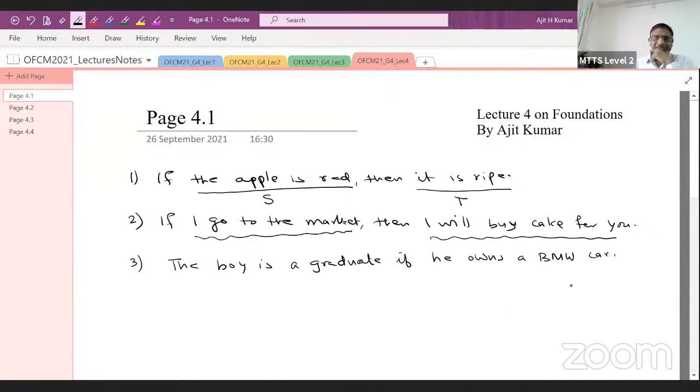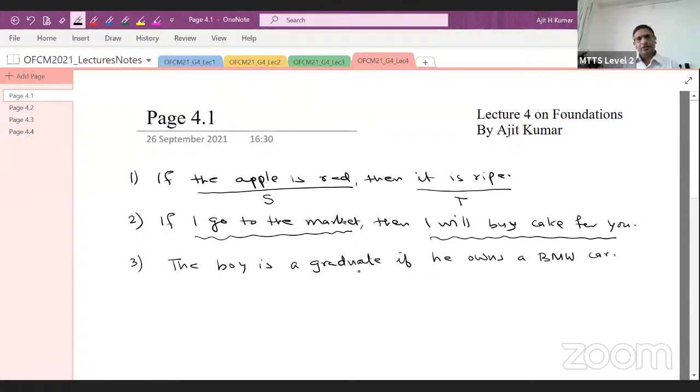Here also there are two statements: the boy is a graduate, and he owns a BMW car. What does it say?